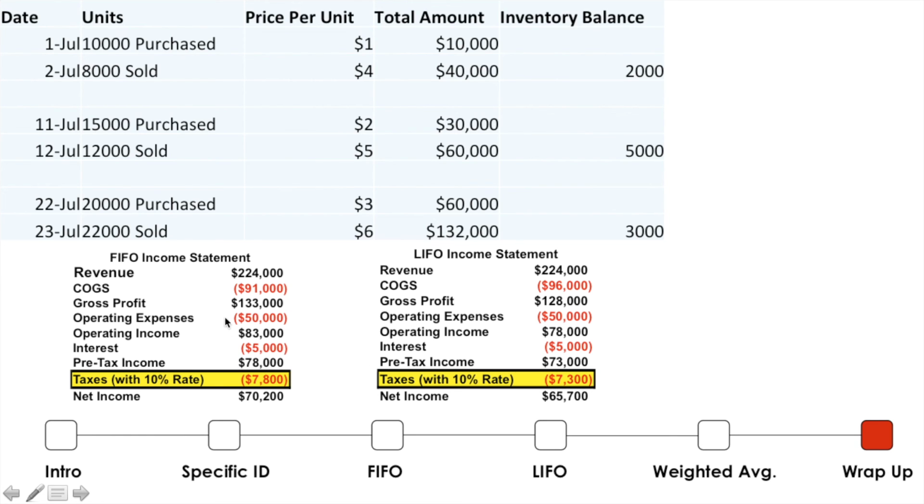But when we used FIFO, we paid taxes of $7,800. So because we paid less taxes when costs are rising, LIFO is the method we should use for the greater tax advantage. On the flip side, if costs were falling, we should use FIFO if we want the tax advantage.